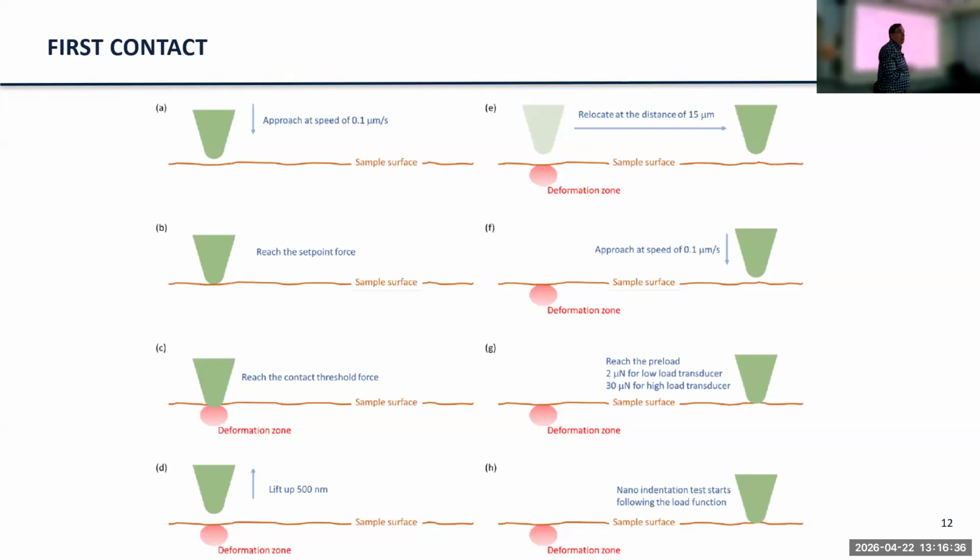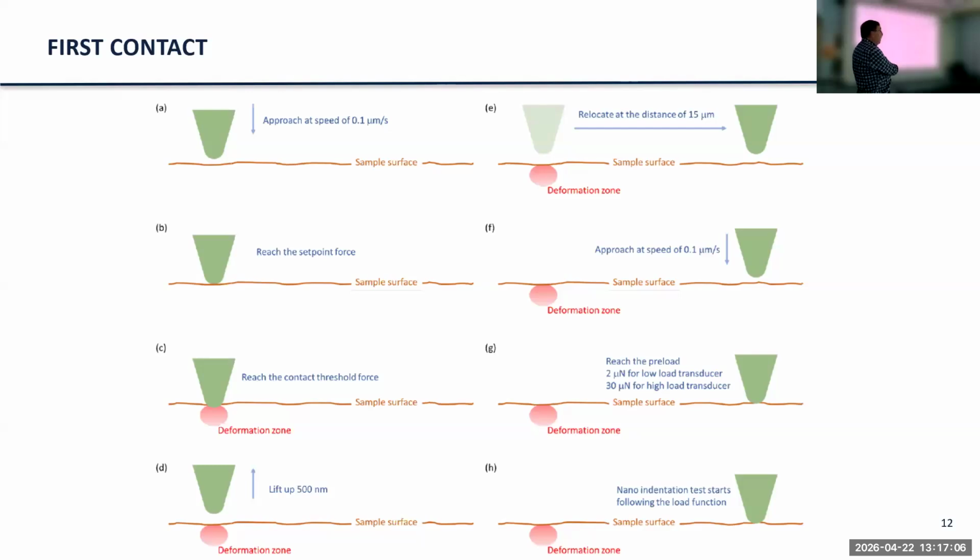And the machine is quite smart about these things, but it has a two-step process. So the tip comes down at 0.1 micron per second. It reaches a set point. It actually will plastically deform when it first comes down. It's coming down, even though that's a small number, relatively quickly. And then it's going to crash into the surface, make a deformation zone. But that's going to give the machine an idea of where the surface is.